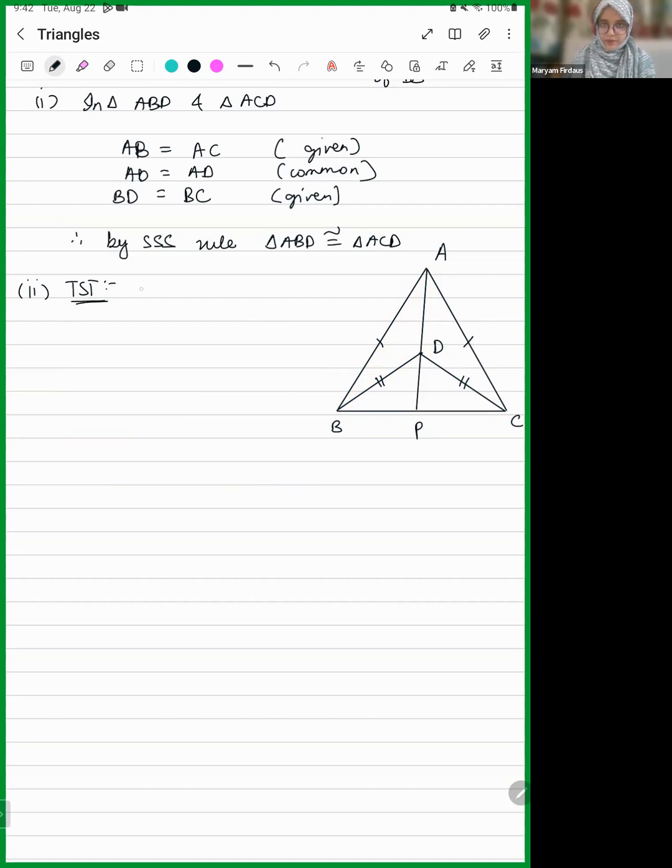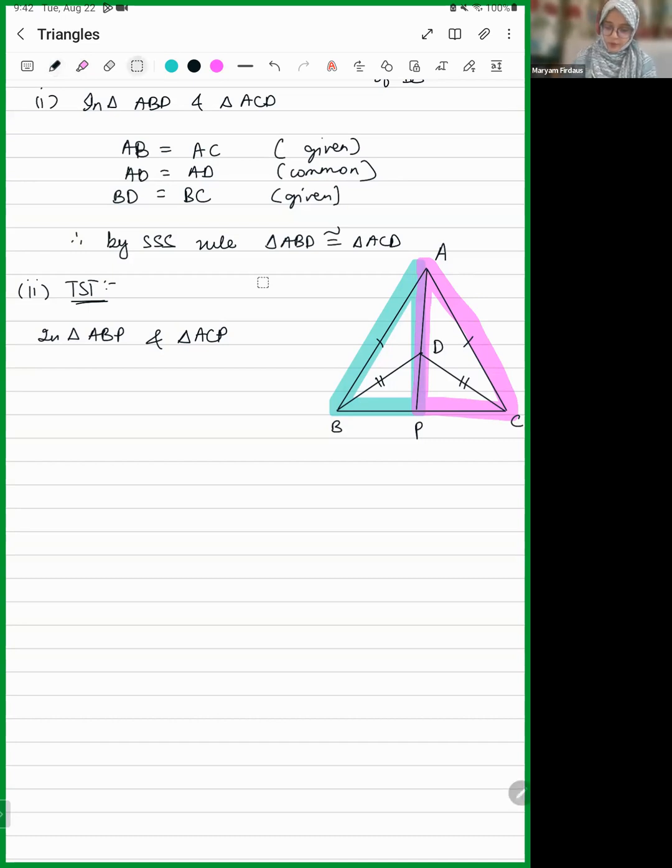Okay, so to show that, we will write in triangle ABP and triangle ACP. So triangle ABP is this one, and triangle ACP is this one. What all do we have?